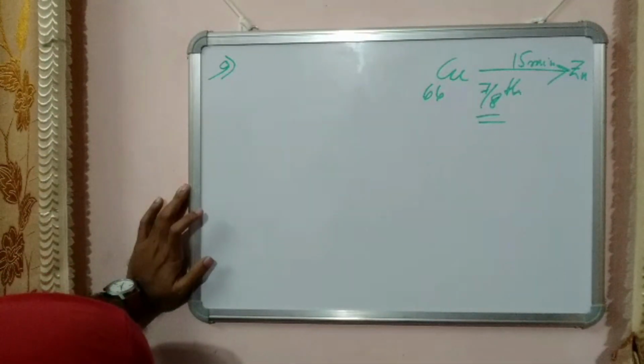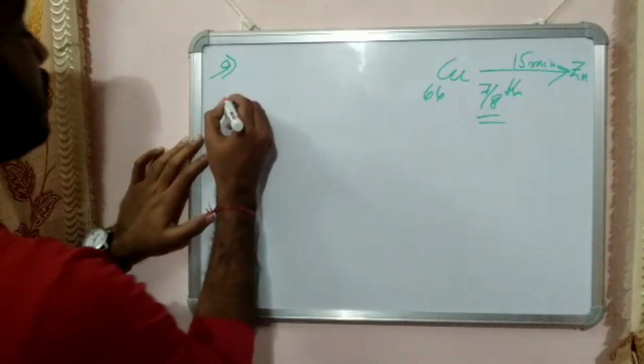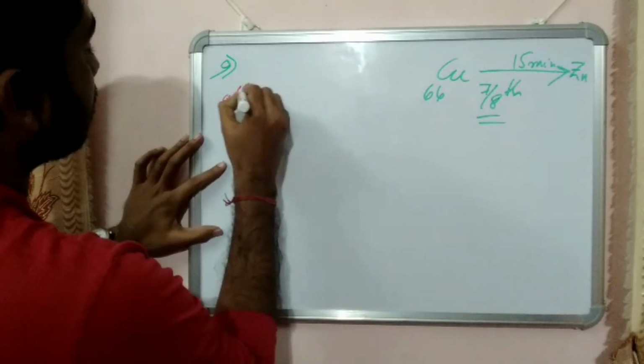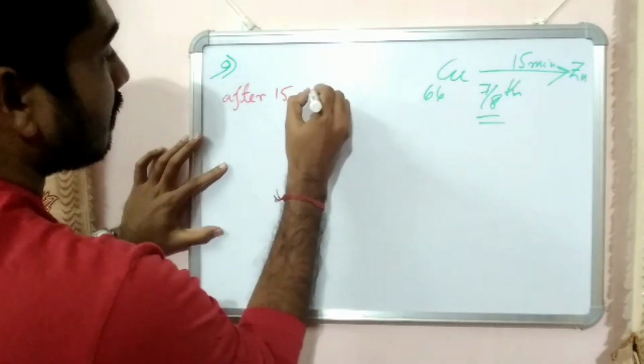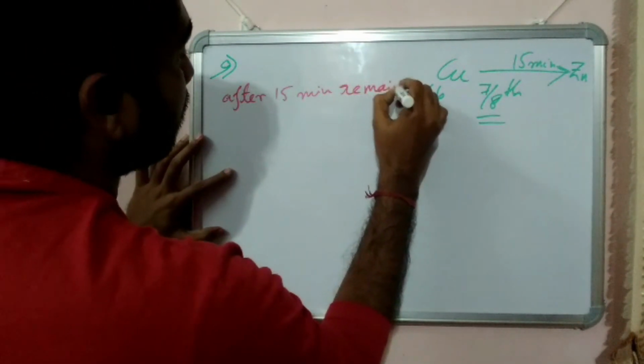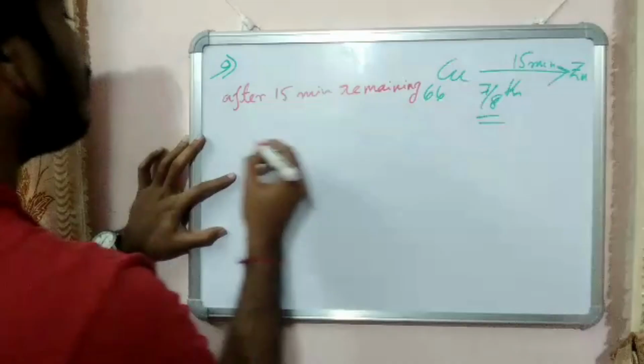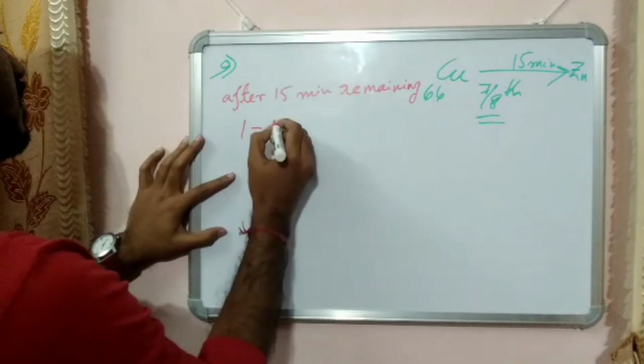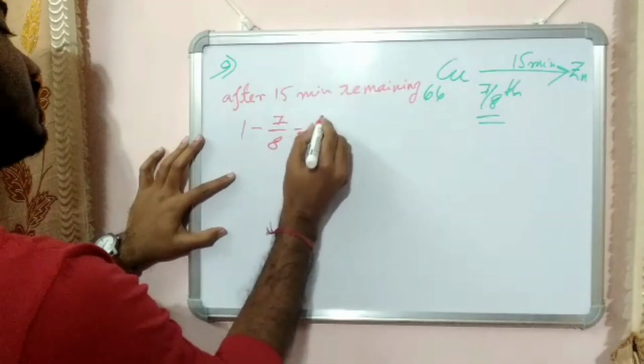So after 15 minutes, the remaining part is 1 minus 7/8, that is 1/8.